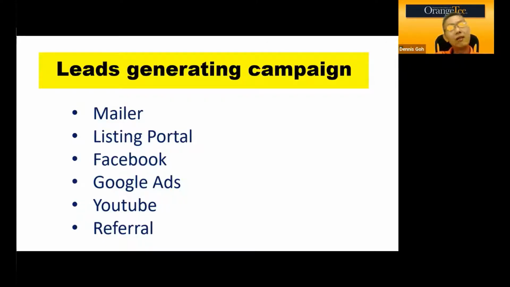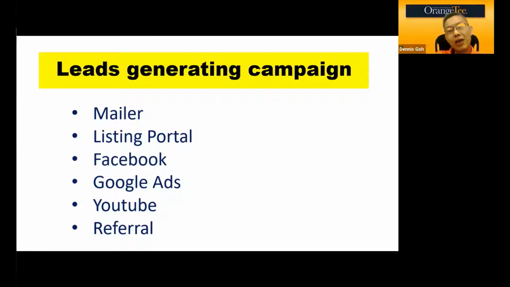If I have a listing I want to put into Facebook marketing, or even new launches or post launches, all of them can be listed on Facebook for your marketing campaign. Same with Google Ads, YouTube, and also referrals.